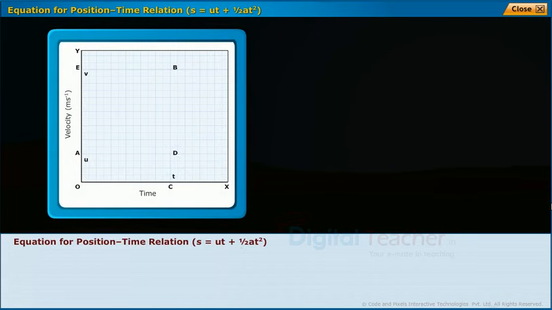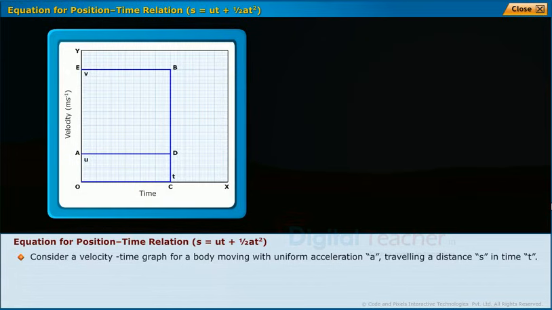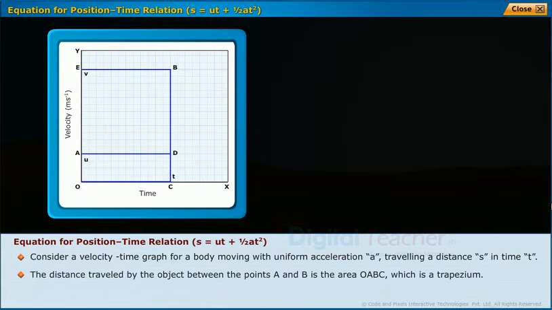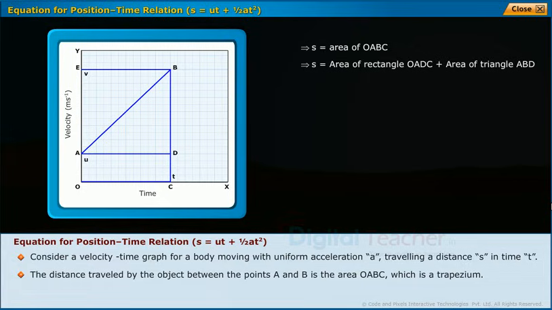Equation for position time relation. S equals UT plus half AT square. Consider a velocity time graph for a body moving with uniform acceleration A traveling a distance S in time t. The distance traveled by the object between the points A and B is the area OABC, which is a trapezium. That implies S equals area of OABC, which equals area of rectangle OADC plus area of triangle ABD.